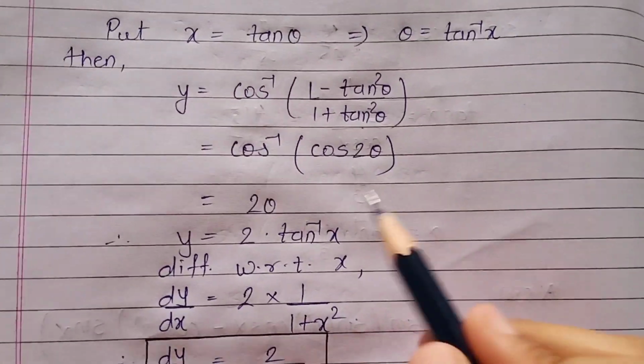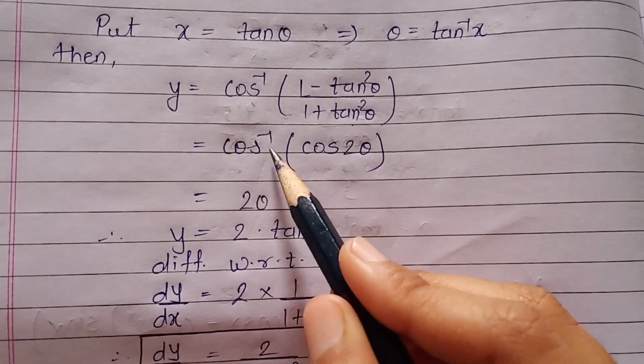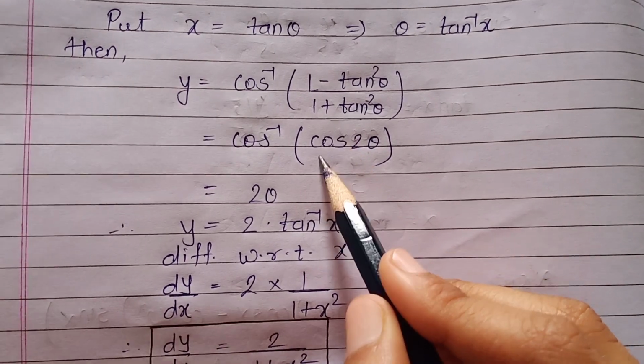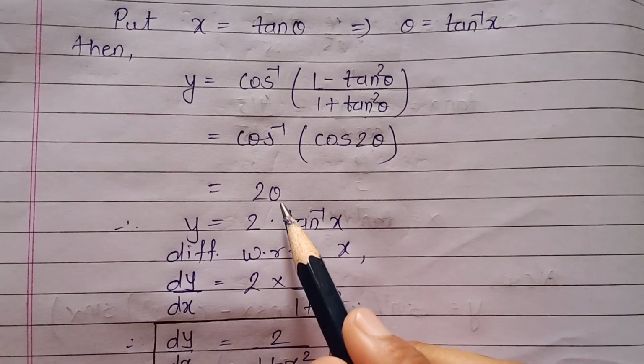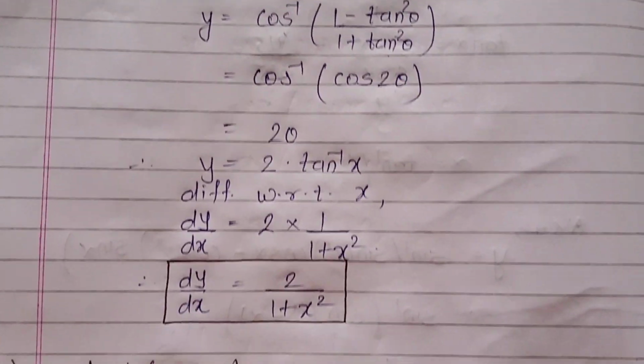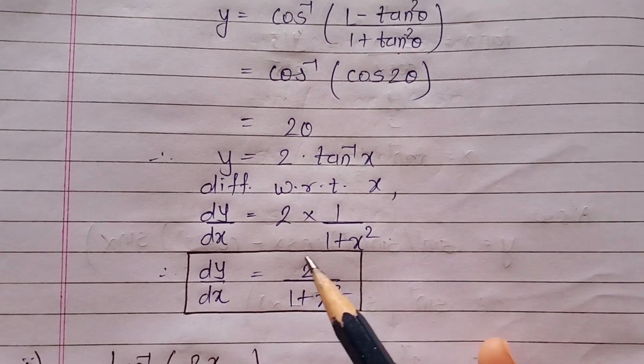So now the step is cos inverse of cos 2 theta. Then cos inverse and cos will get cancelled and only 2 theta will remain. Now put the theta value, which is tan inverse x. So y is 2 into tan inverse x.